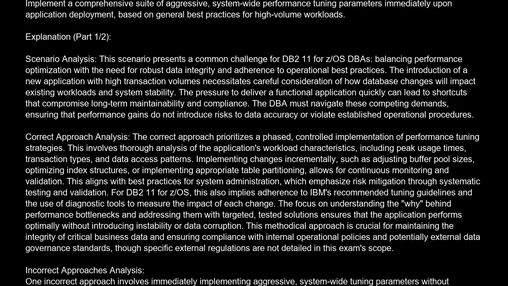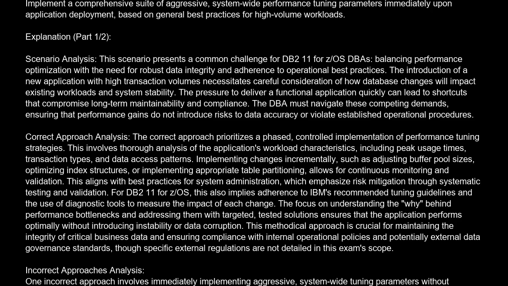Correct approach analysis. The correct approach prioritizes a phased, controlled implementation of performance tuning strategies. This involves thorough analysis of the application's workload characteristics, including peak usage times, transaction types, and data access patterns. Implementing changes incrementally, such as adjusting buffer pool sizes, optimizing index structures, or implementing appropriate table partitioning, allows for continuous monitoring and validation.